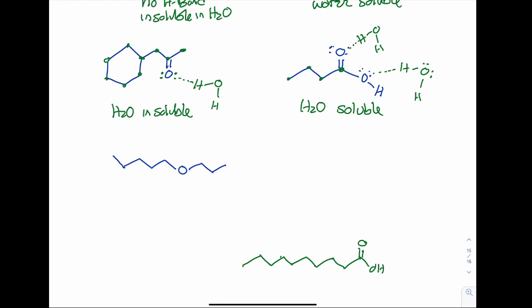Okay, my ether. Ether's like my ketone, right? I have a lone pair on that oxygen. I have a hydrogen attached to oxygen on water, so these can form hydrogen bonds. However, I have 1, 2, 3, 4, 5, 6, 7, 8 carbons, so that's too many.